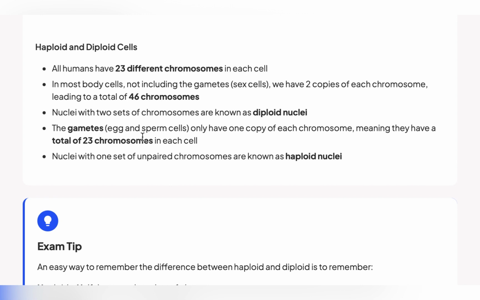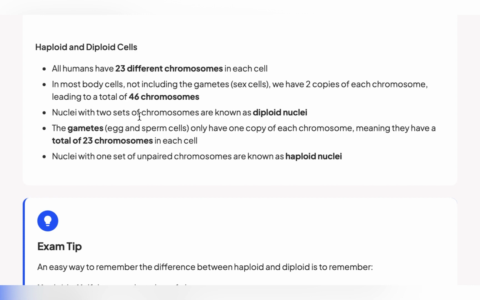Nuclei with 1 set of unpaired chromosomes are known as haploid. One set of unpaired chromosomes, which is 23, is known as haploid.